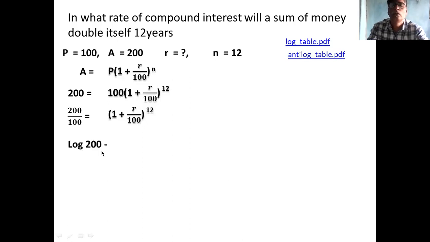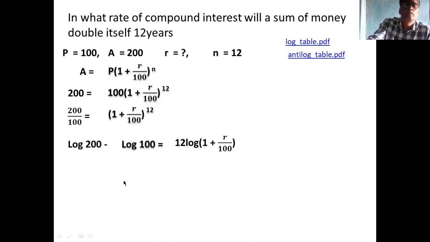Log 200 minus log 100 is equal to 12 log of 1 plus r by 100. Then the characteristic of 200 is 2.